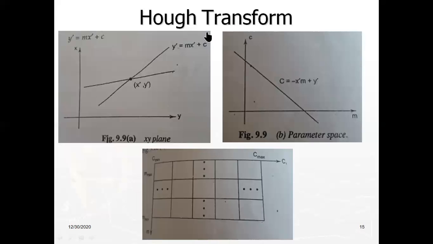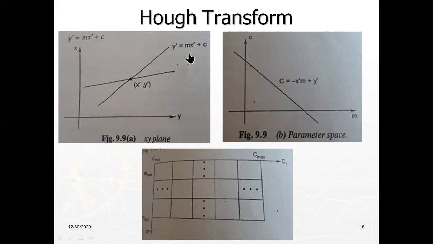However, in the case of Hough transform, instead of the xy plane, we use the parameter plane or parameter space. Here we take m and c as the coordinates. We use m and c as the plane parameters.